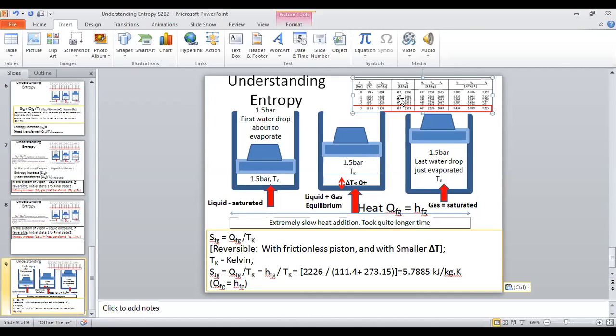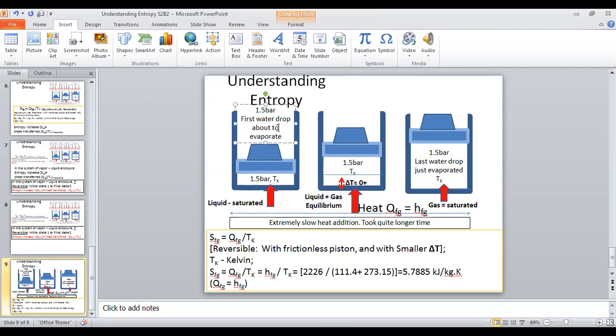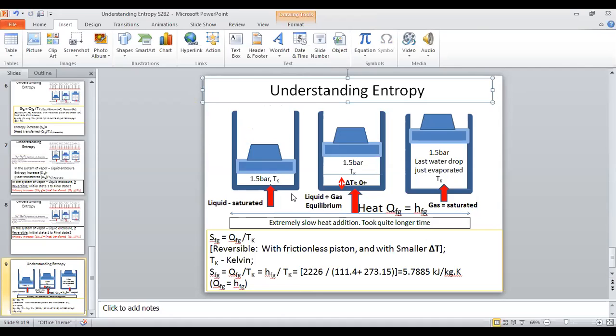So I take all out here, nothing to do with 1.5 bar. This is about understanding entropy.